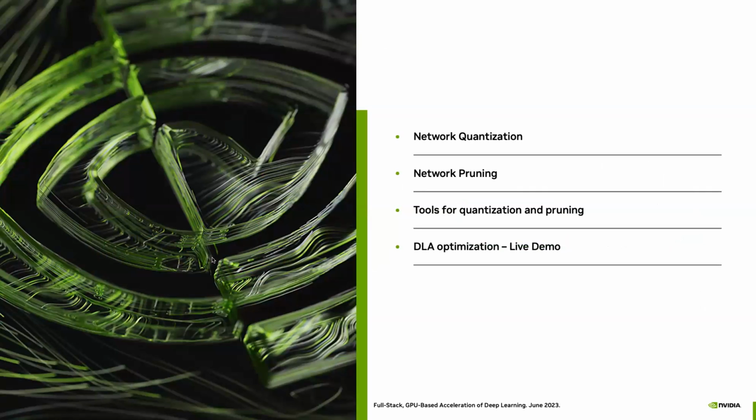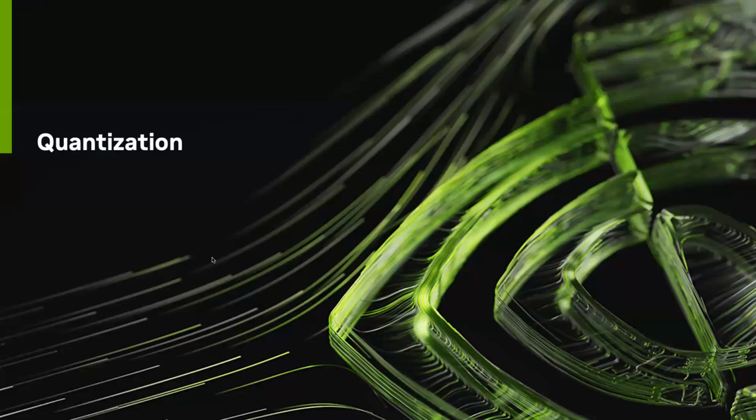Then I'm going to show you how we can prune the model, which is a more aggressive compression technique that modifies the model topology. After that, I will quickly go through some tools that we can directly use for compression. Lastly, we will go through a live demo. So let's start with quantization.